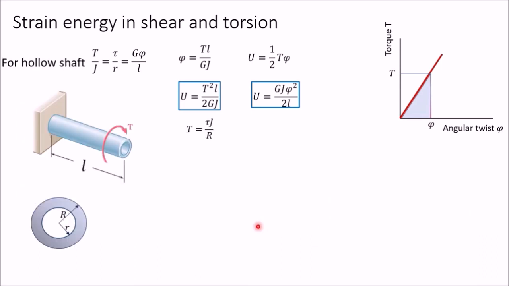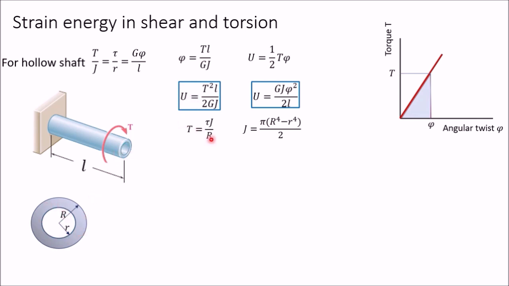For a hollow cylinder, all these things are the same. Only the value of the polar moment of inertia of this shaft will change. So the polar moment of inertia of this shaft will be pi into capital R raised to 4 minus small r raised to 4, where capital R is the outer radius and small r is the inner radius of this hollow cylinder.